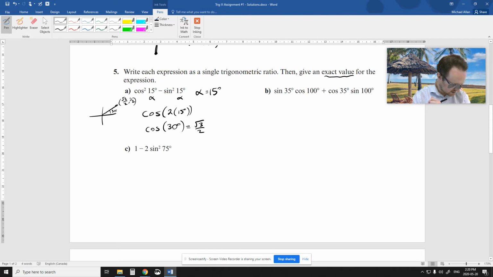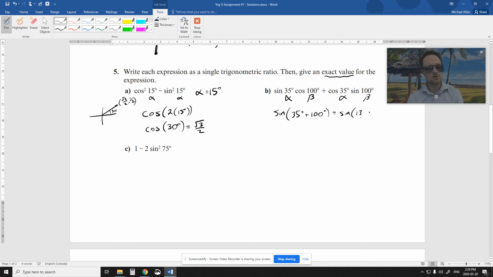Okay, so sine cos plus cosine sine. That's going to be the sine sum identity, where this is alpha, this is beta, that's alpha, that's beta. Okay, good. So this would be the same as 35 plus 100, which would be sine 130. Ooh, 135. Now 135 is in this quadrant.